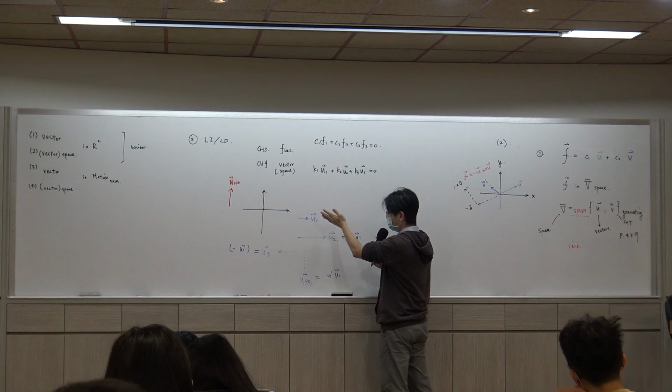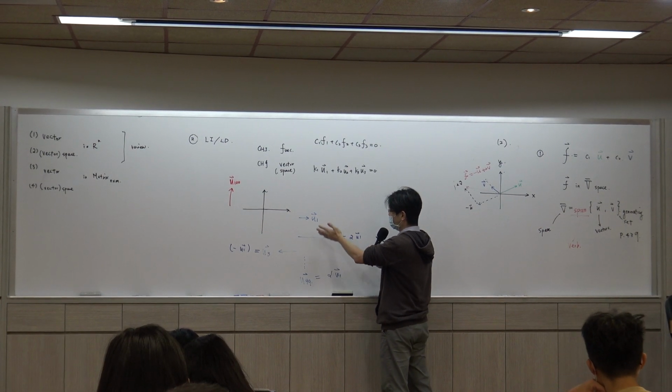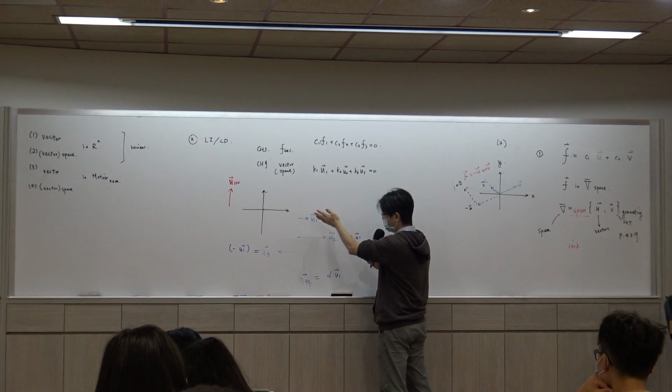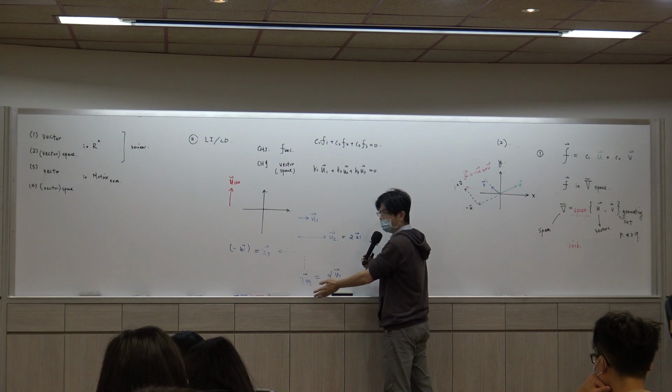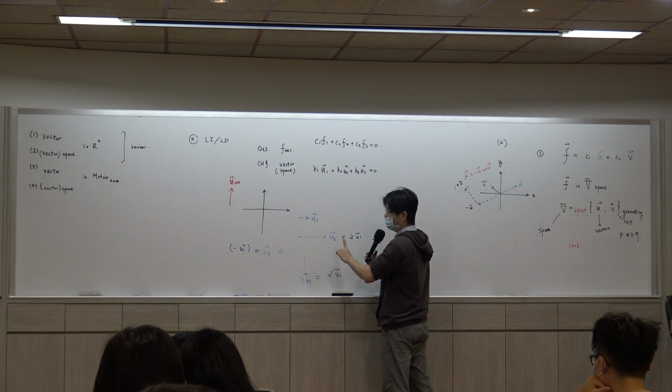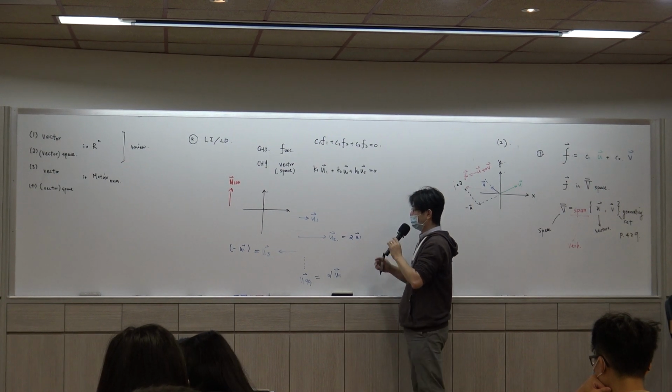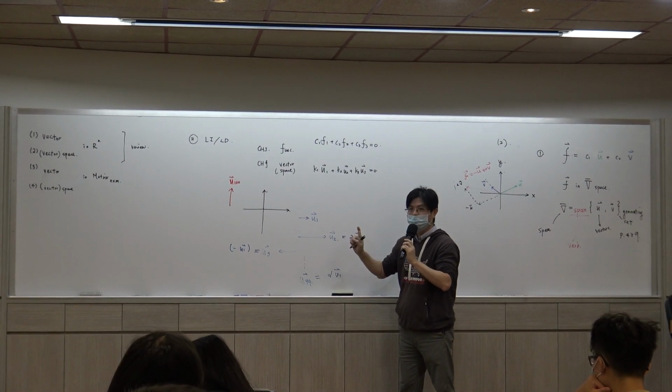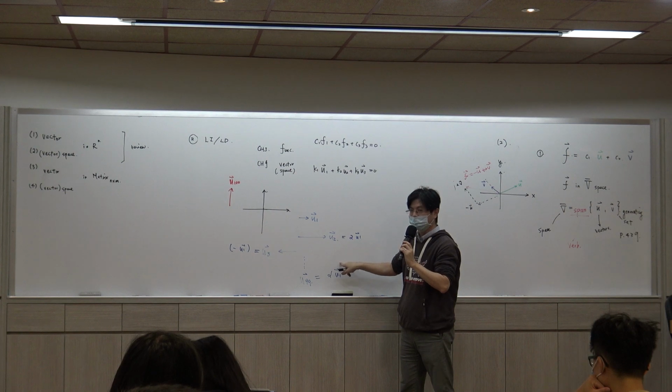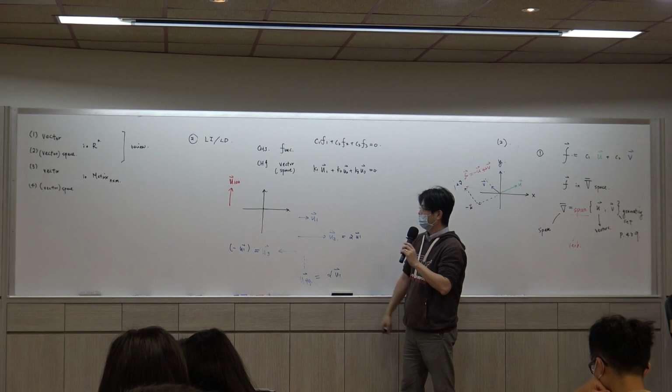So the dimension of the space that the 99 vectors span is one dimension, because they only have one linearly independent vector, only one.